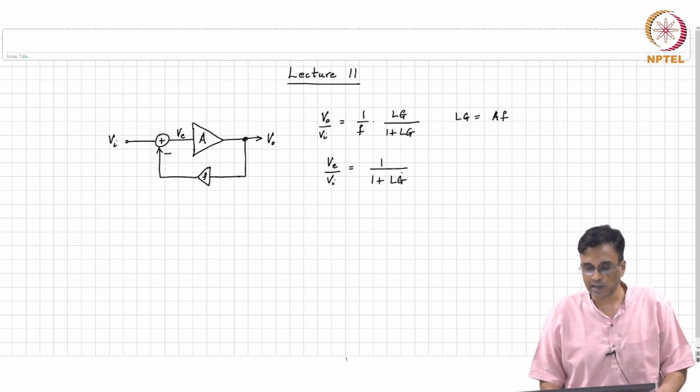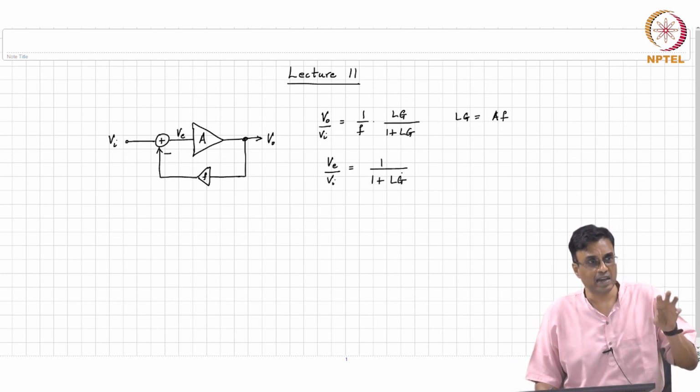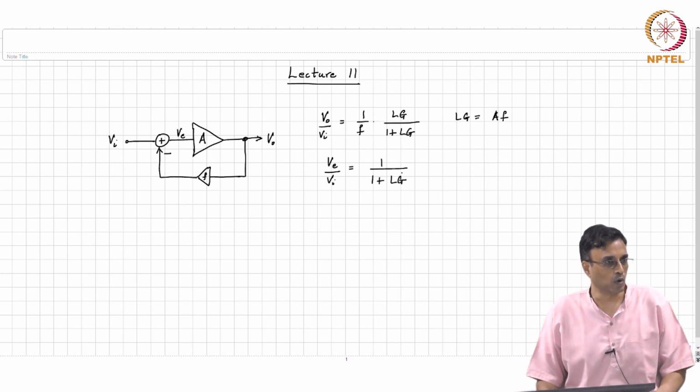Coming back to our social analogy, if crime in society is 0, it does not mean that people are honest. It just means that the laws are so strict that the penalty for being dishonest is so high that you dare not commit a crime. Just like how the error voltage is 0 because the forward amplifier gain is infinite. The moment the amplifier gain becomes small, that error voltage is no longer 0.